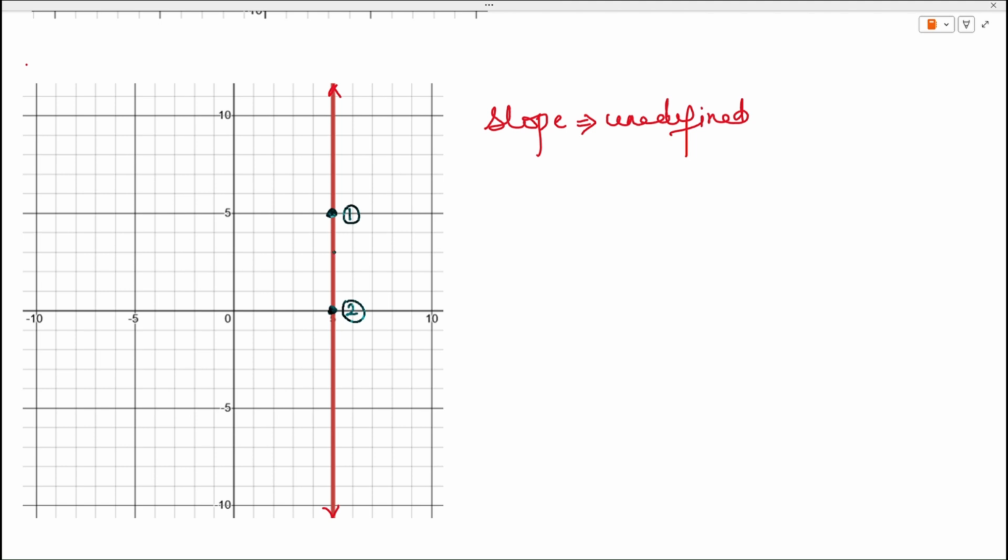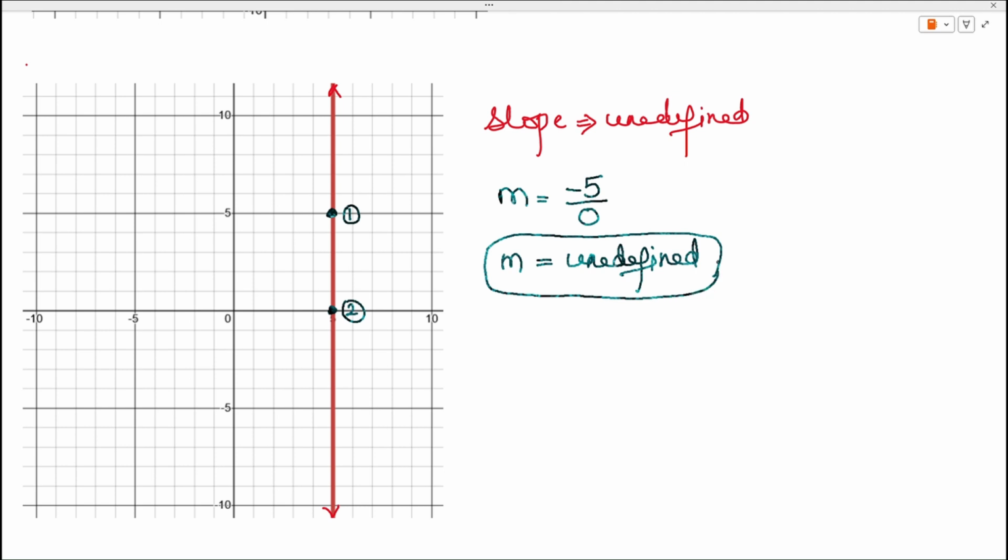We are going 1, 2, 3, 4, 5 down. So for our slope, the rise is -5 and there is no run at all because we don't have to move left or right. So it's 0. And -5 divided by 0 is going to be undefined. Even if you put this on your calculator and try getting the value, it's going to give you a math error. So the slope of a vertical line is always undefined.